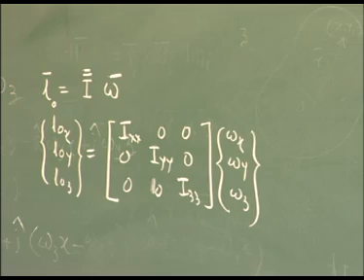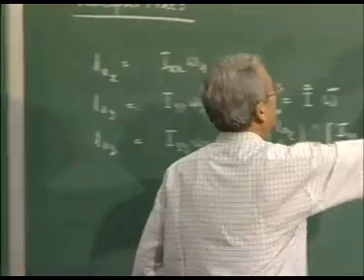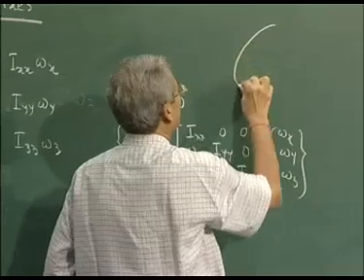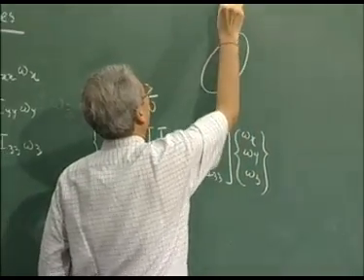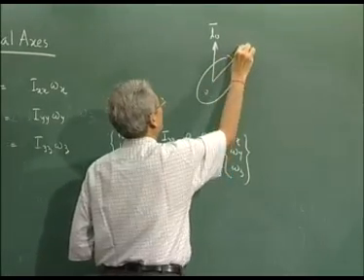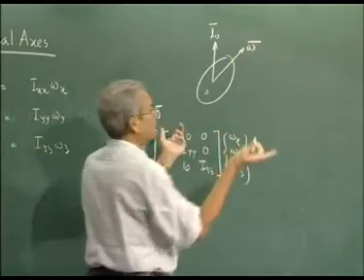So, even for the simplest possible situation where we represent the whole thing with reference to the principal axis, the angular momentum vector and the angular velocity vector, they will not be same.